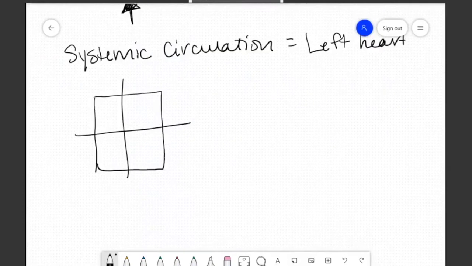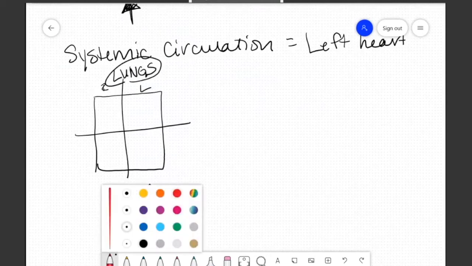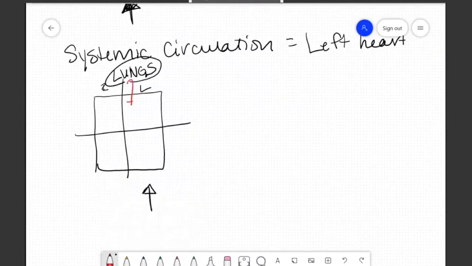We are talking about the left side of the heart, because remember, right and left. What we're saying here is that the blood is coming from the lungs. As it's coming from the lungs, it is going to enter from the lungs into our left heart, down, and then out.